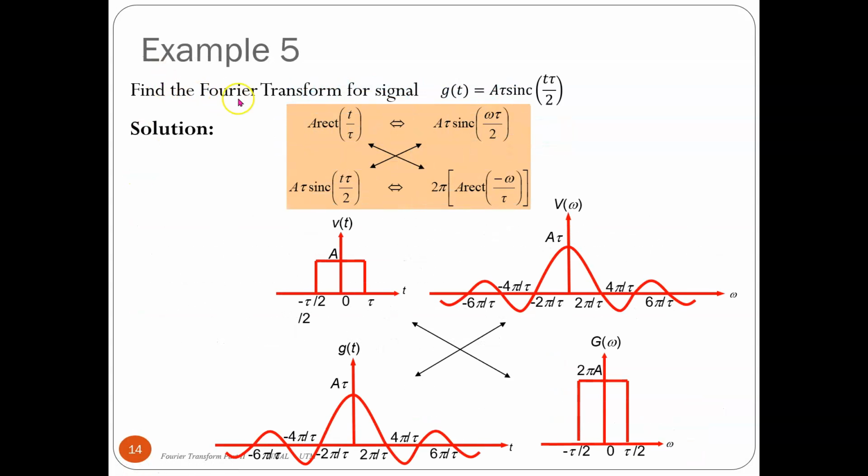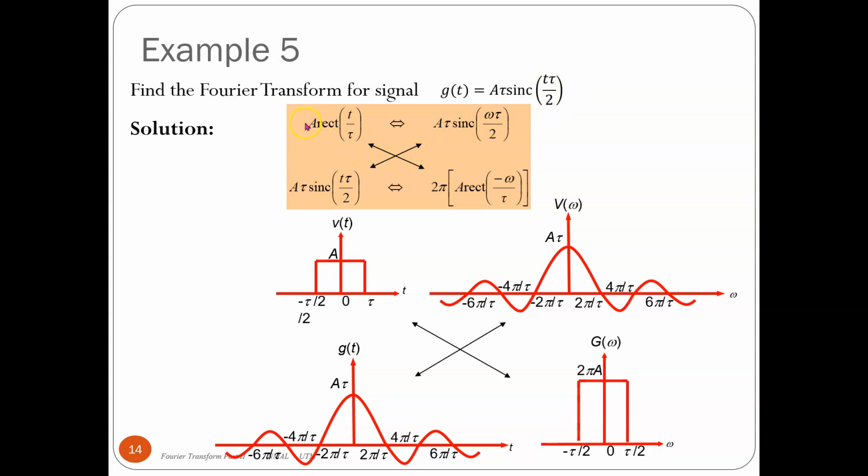Okay, let's see some examples to make more sense. In this example, find the Fourier transform for signal g(t) equal to A tau sinc(t tau over 2). So this is familiar, right? But we've seen this before in terms of the Fourier transform or frequency domain, which is in omega. So for the solution here, we know that the pair of this should be in terms of a rectangular function.